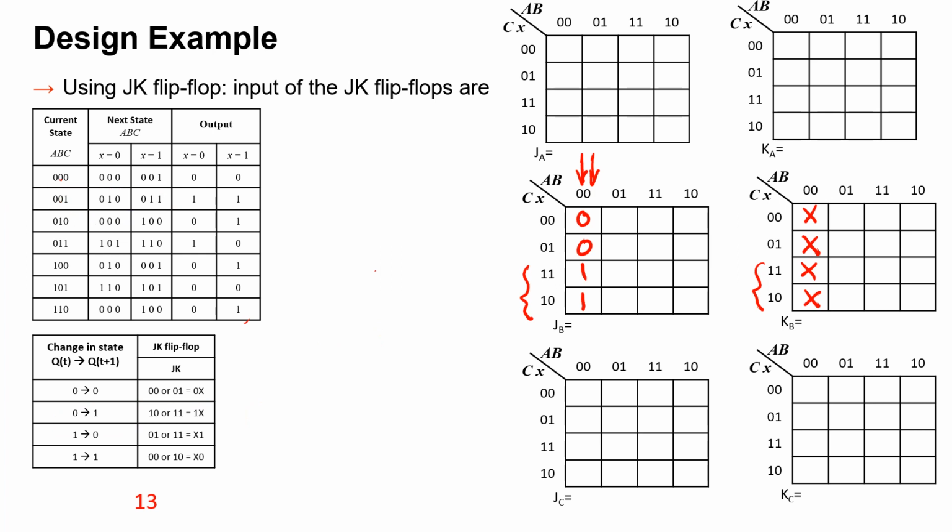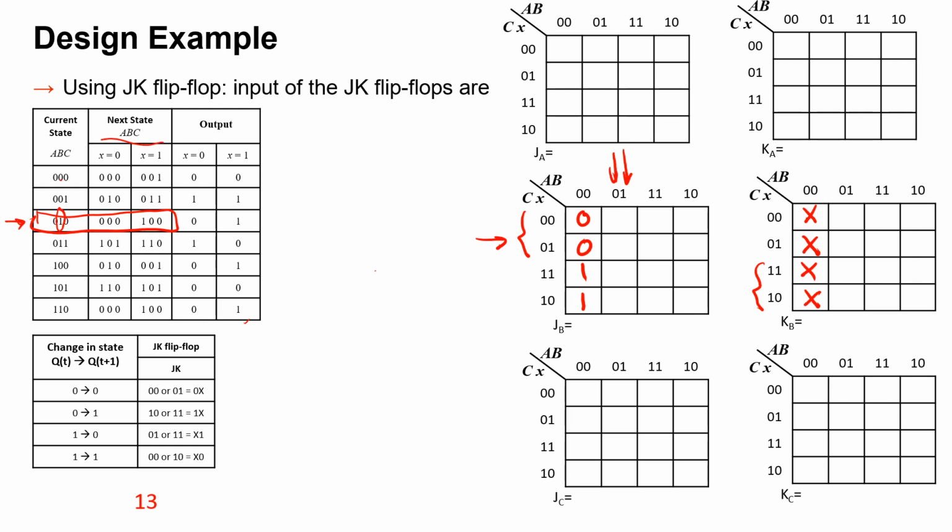All right, let's do this one. 0, 1, A is 0, B is 1, C 0. 0, 1, 0. This transition. And again, we are looking into B, how B changes. B changed from 1 to 0 in both inputs.